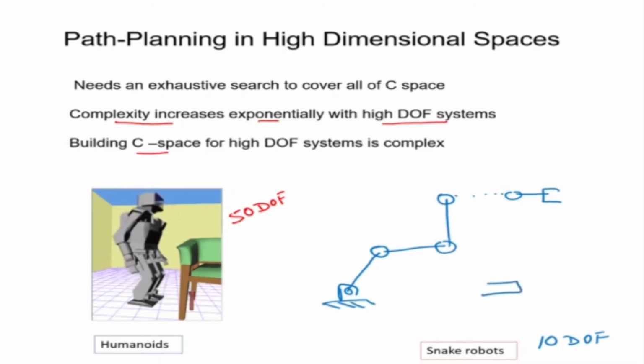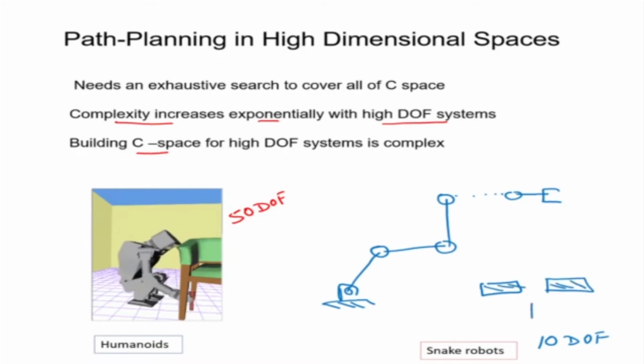Maybe there is a hole here, an obstacle, and an object kept on the table. Now it has to go inside this hole, catch that object and take it out. Now you have 10 degrees of freedom.